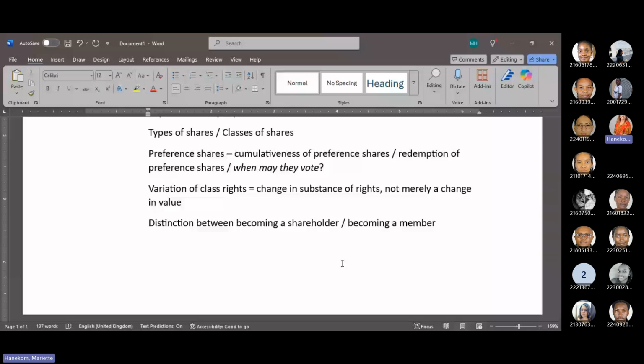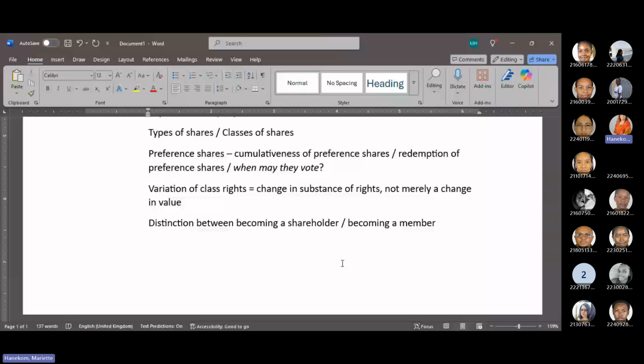In a company with a shareholding, becoming a shareholder and becoming a member goes hand in hand. The moment you acquire shares, you agree to become a member.